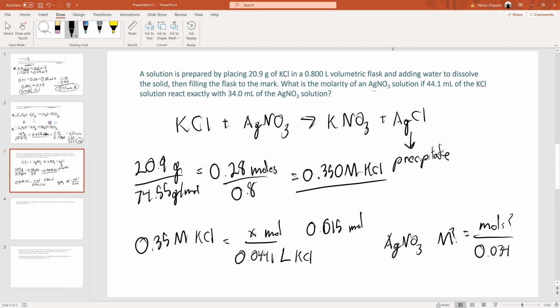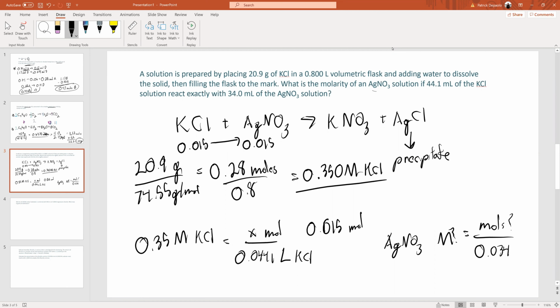All right, so this is how much KCl was reacted. If they're all a 1-to-1 ratio, this amount corresponds to the same amount of AgNO3. So we know that the 34 milliliters of AgNO3 had to have 0.015 moles.